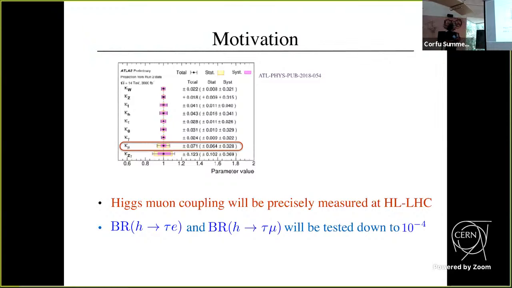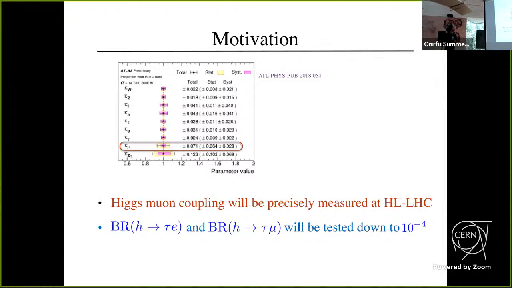This is the projection of ATLAS for the high luminosity LHC for the measurements of the Higgs couplings. We see that it's really amazing how they plan to measure standard model Higgs couplings. Some couplings can be measured even at the level of 10%.